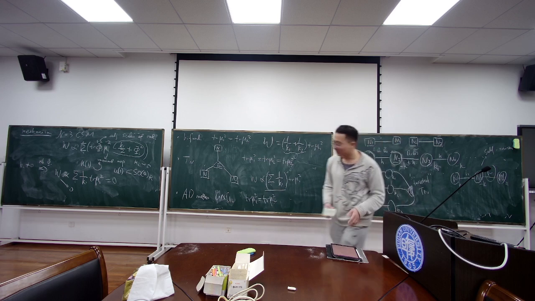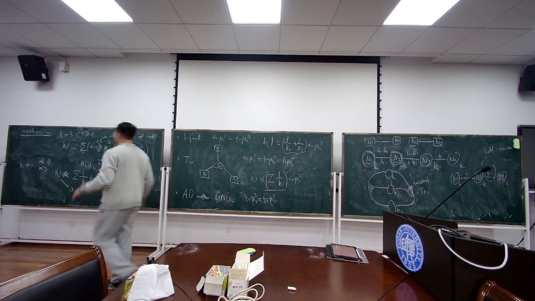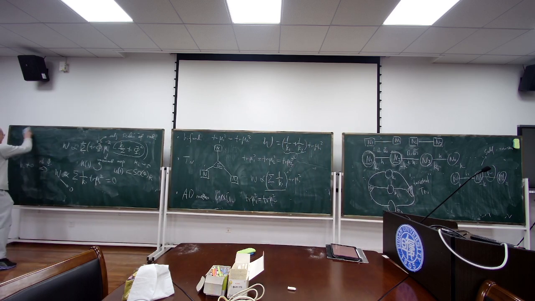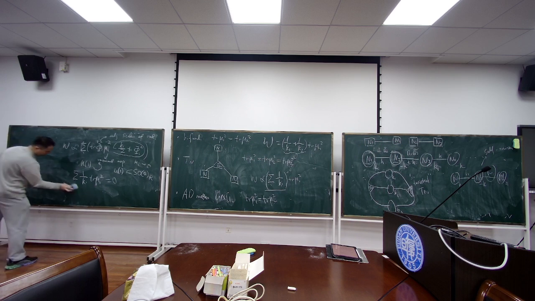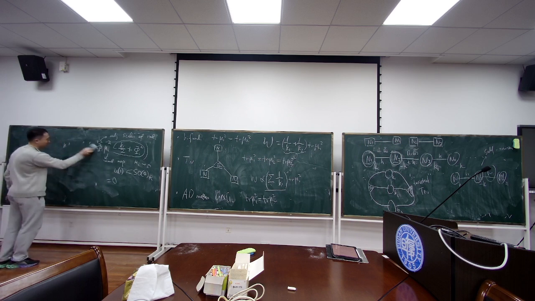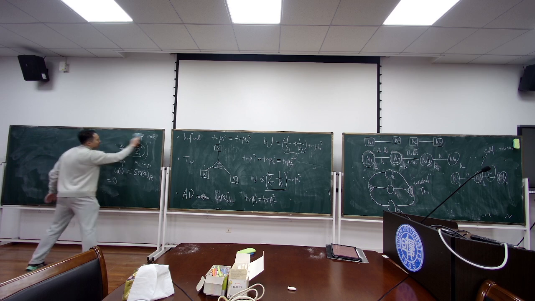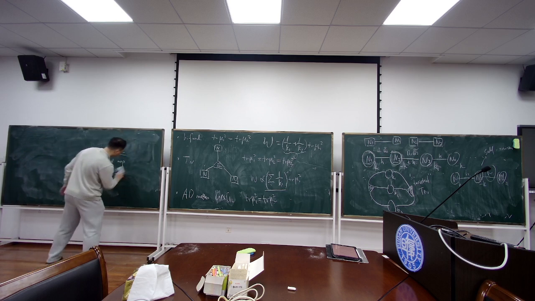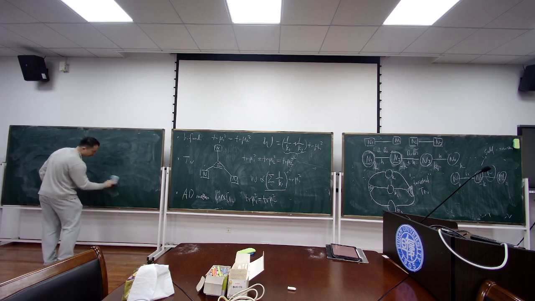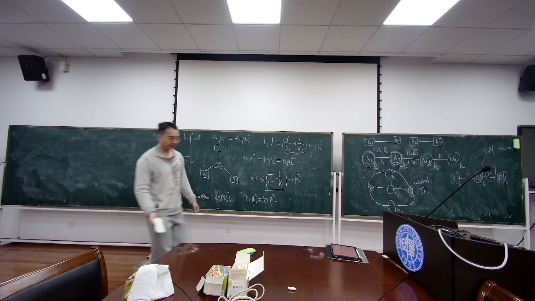Okay, I have 20 minutes remaining, so let's go into studying the moduli spaces of the series. By moduli spaces, I mainly mean the Higgs branch and the Coulomb branch of this thing.